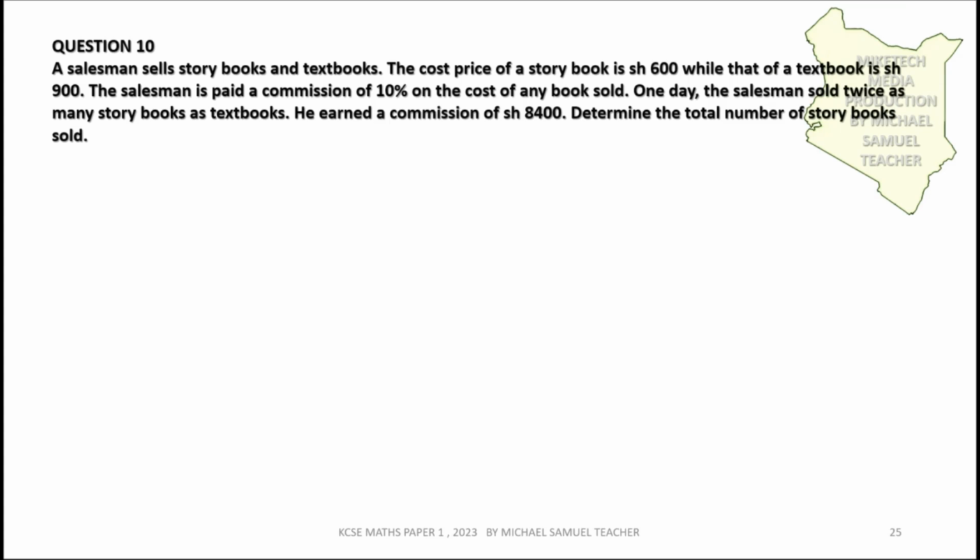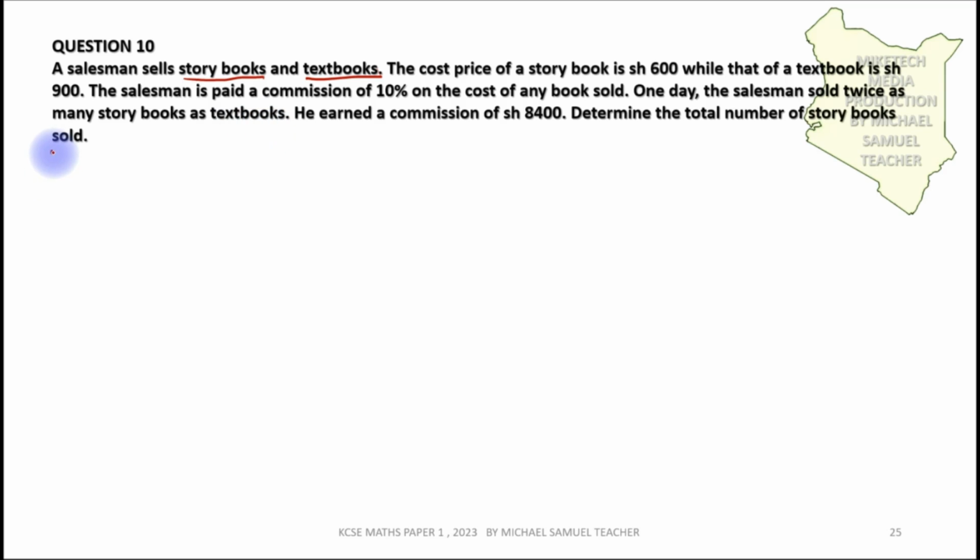So from here, we sold storybooks and also textbooks. The cost price of a storybook was 600 shillings. That of a textbook was 900. And then he gets a commission on the cost of any book sold. If that day the salesman sold twice as many storybooks as textbooks, so the number of storybooks sold was twice that of textbooks.